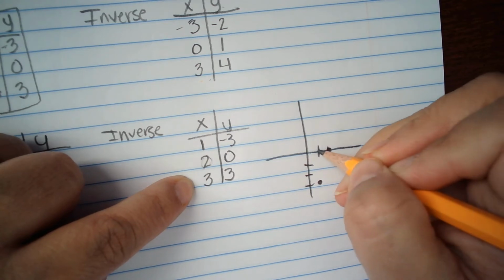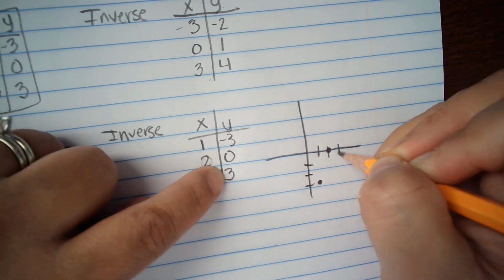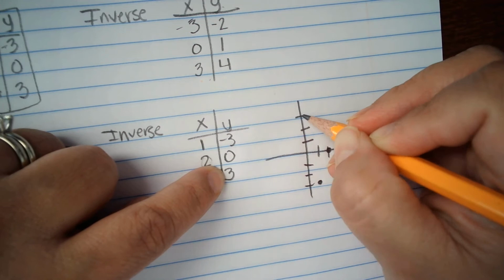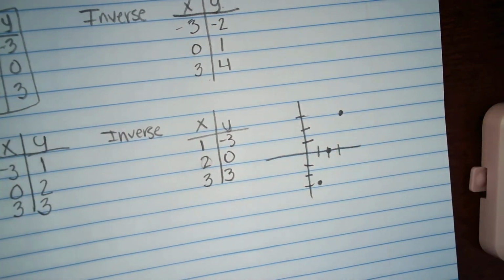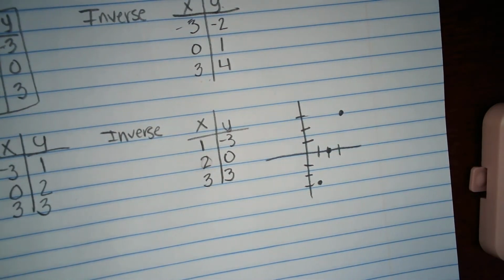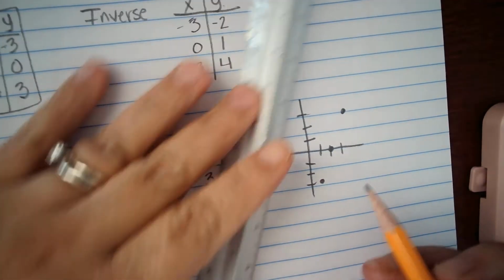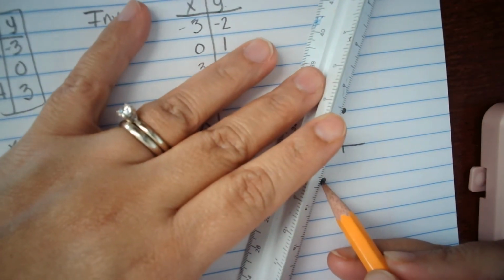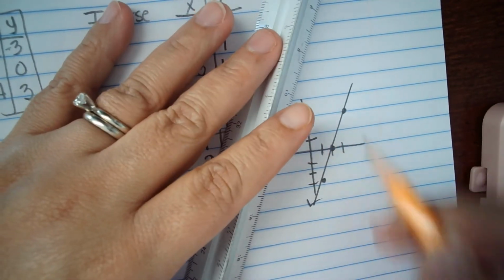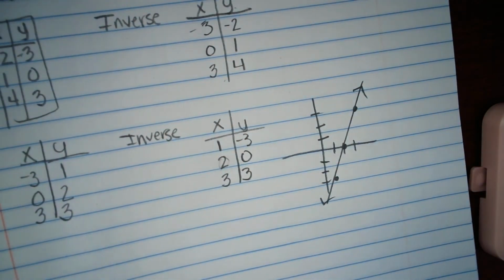And then (3, 3): 1, 2, 3 on the x, and then 1, 2, 3 on the y. And please use a straight edge, especially for your homework. Make arrowheads at the end. There you go.